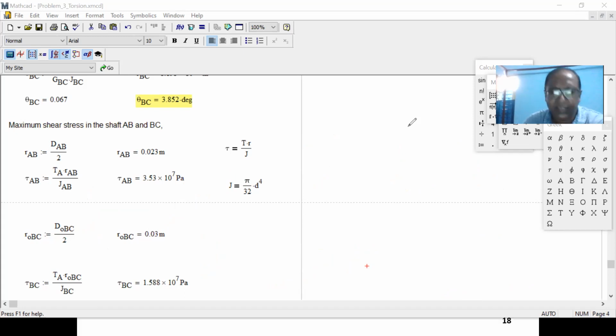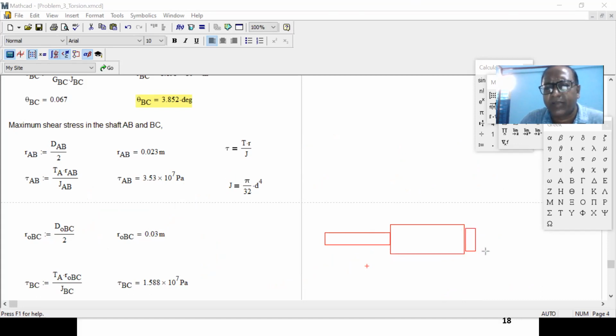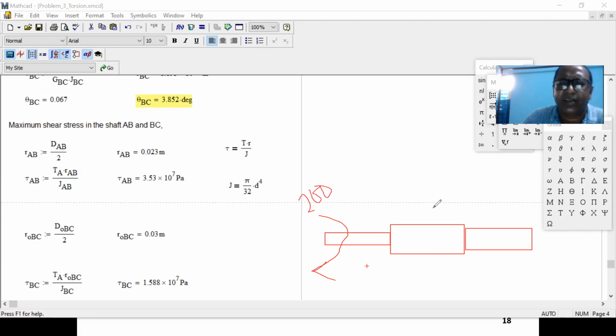I was supposed to give one more problem in the course, but right now I'm just giving you some hints on how we can solve it. Sometimes I put it in the exam, okay? But if we get time, then we'll solve it in detail. For example, you have a shaft right over here, one more shaft right over here, and one more shaft right over here. On this shaft, you have a torque right over here. I'm saying clockwise 200 Newton meters.